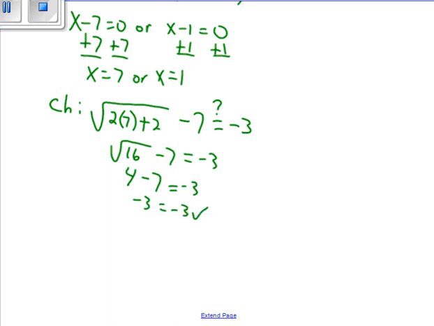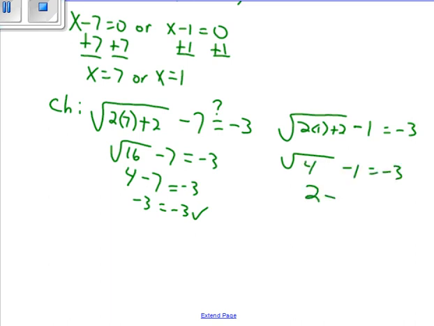And then I'm going to go root 2 times 1 plus 2 minus 1, does that equal negative 3? So I end up with root 4 minus 1 equals negative 3.